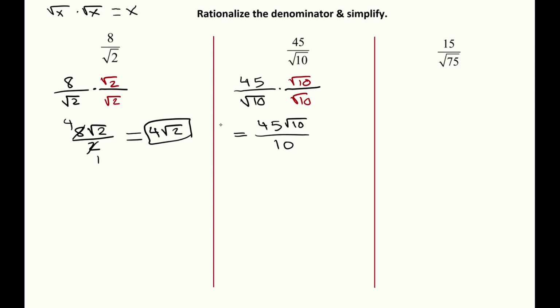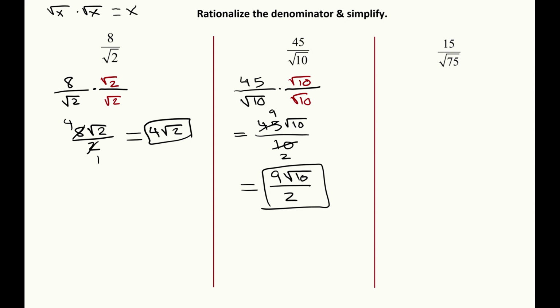We notice that 5 goes into both 45 and 10. It goes into 45 9 times, and it goes into 10 2 times. So now we clean it up and we just write it as 9 radical 10 over 2. And that's pretty much all we can do.